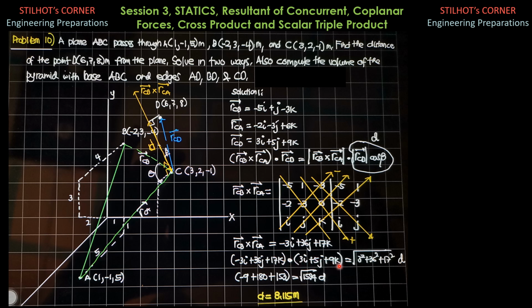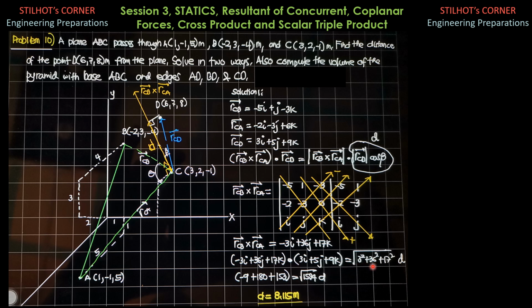5j plus 9k, then it is equal to the magnitude of rCB cross rCA, which is the square root of 3 squared plus 36 squared plus 17 squared, and we interpret this as the perpendicular distance or nearest distance of point D from the plane ABC. So solving for D, because -3 times 3 is -9, 36 times 5, 180, 17 times 9 is 153.